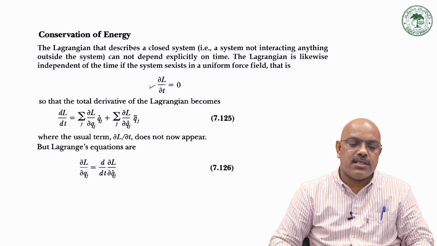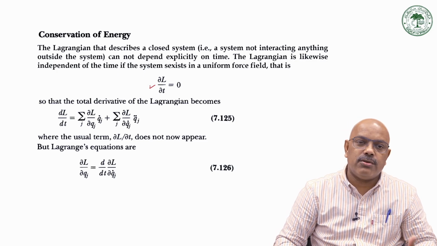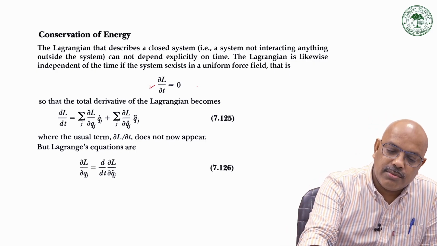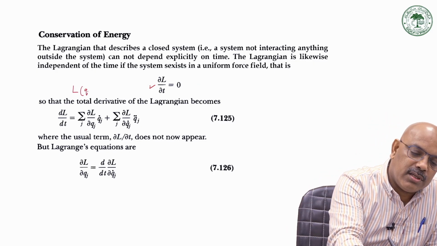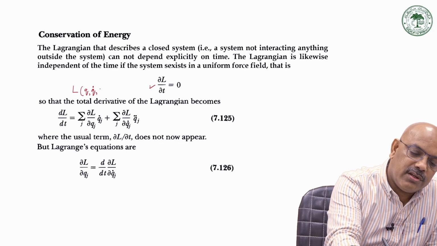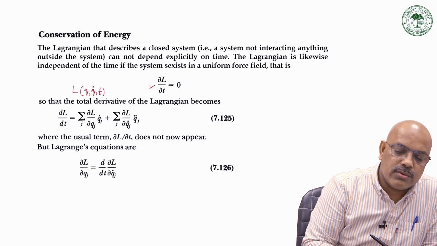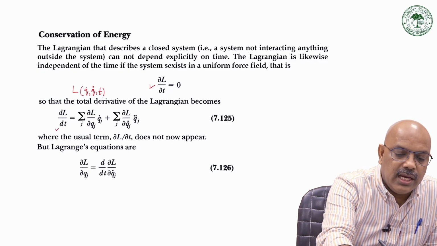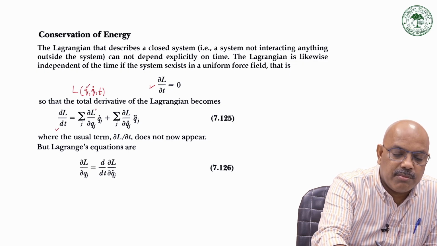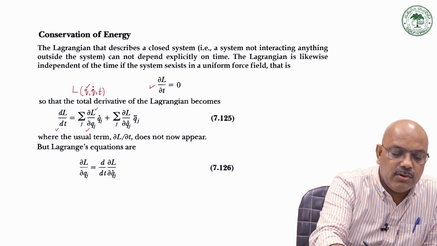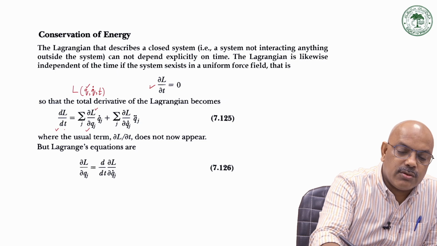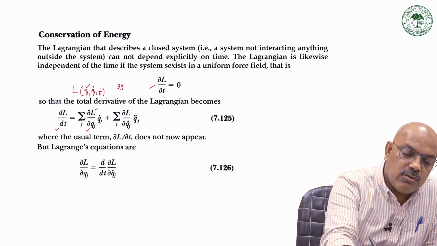So when this is there, let us try to write the total derivative of the Lagrangian. The Lagrangian depends upon the generalized coordinates, generalized velocities, and time. So if I write the total derivative, this is dL/dt. Because L depends upon q, first we partially differentiate L with respect to q, and then we differentiate q with respect to t, so this is going to be q dot.